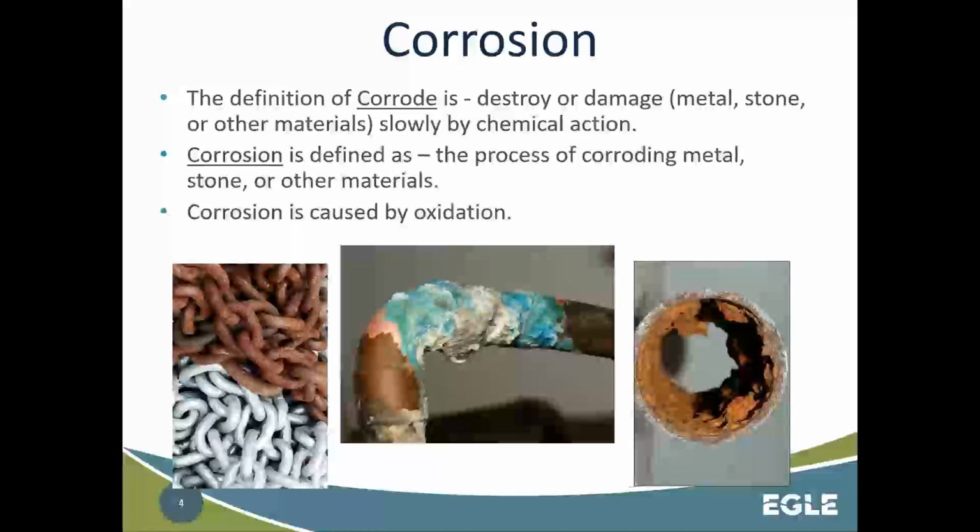In the image on the left, we have a new chain at the bottom, and then a rusted chain at the top right. You've probably seen this your entire life, on cars and things like that. That is just another form of corrosion that's occurring.